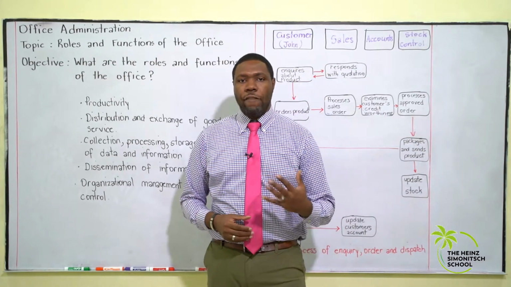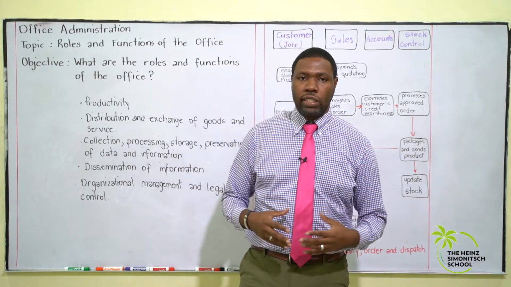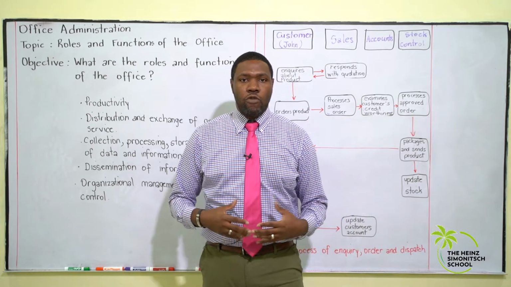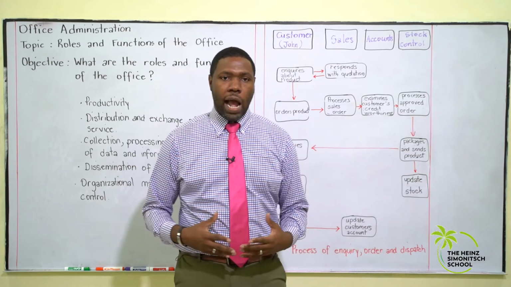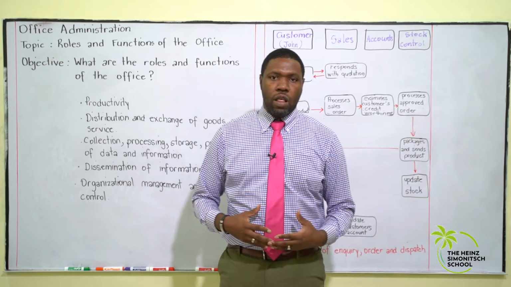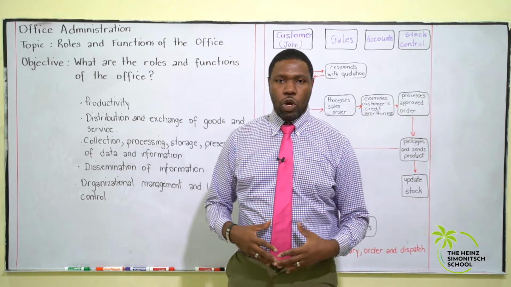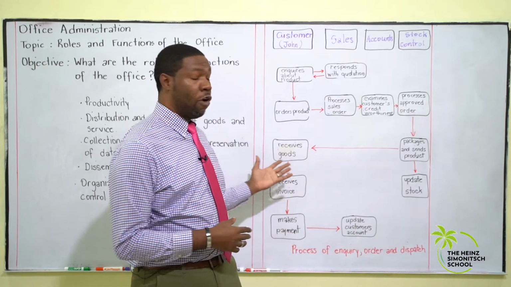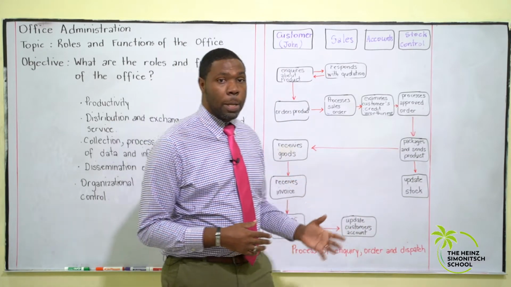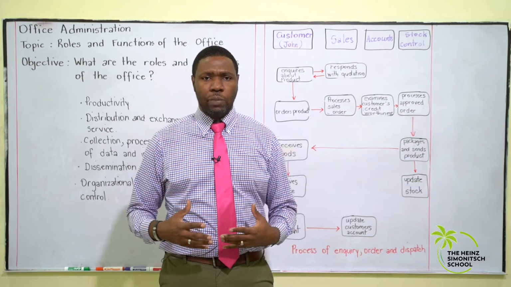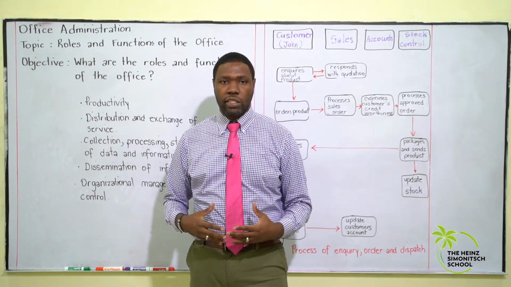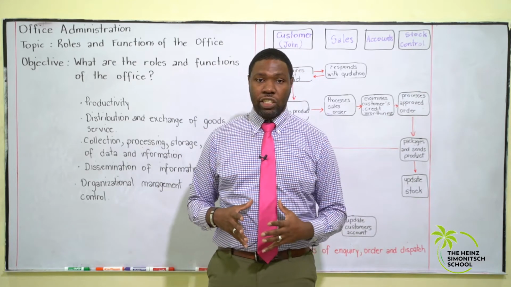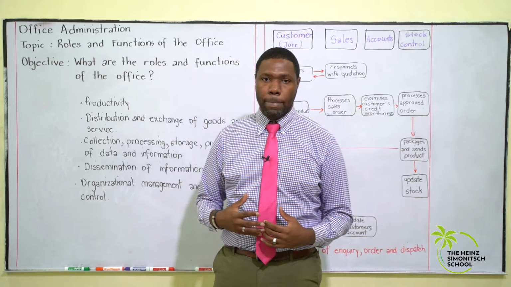So now let's look at why and how is information preserved. All right? Now, information is stored by businesses for several reasons. The main reasons are to keep records of day-to-day activities of the business. There are several steps involved in getting the goods or service into the hands of the customer, as you can see from this chart, right? And at each stage, documents are generated, all right?